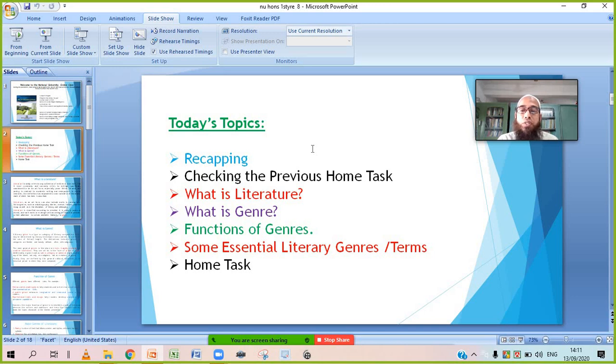As a student of English literature, you must learn these literary terms. I told you, if you don't have good knowledge about literary terms, then you cannot understand English literary text. I mean, you will not find interest studying literature. That's why these are the basic knowledge. You must learn English literary terms.